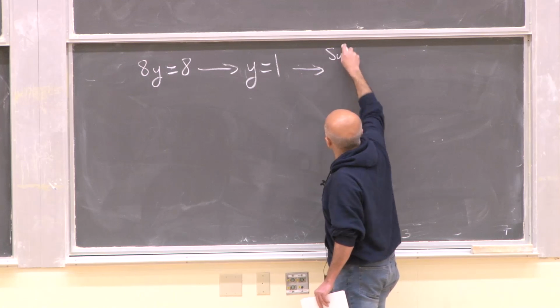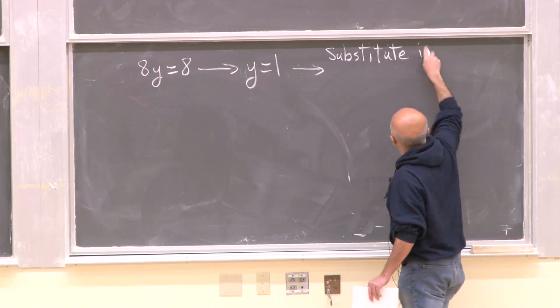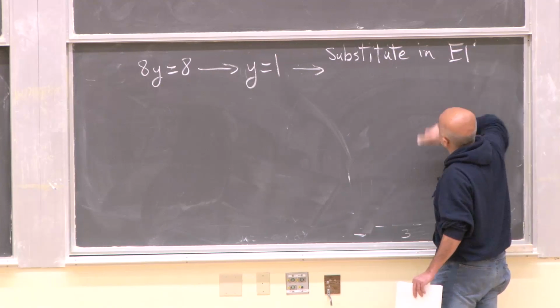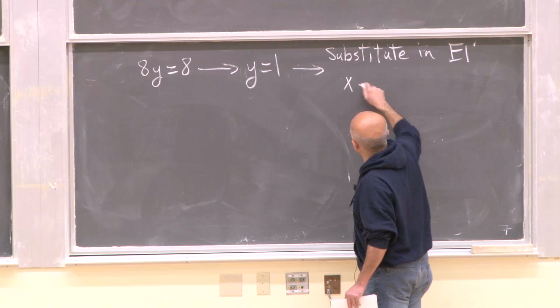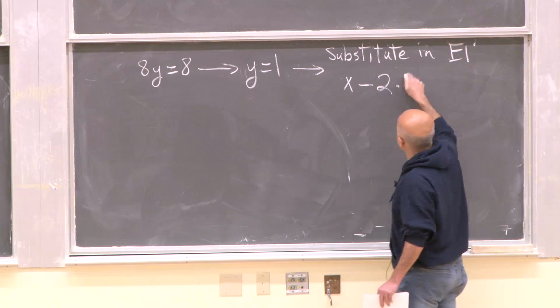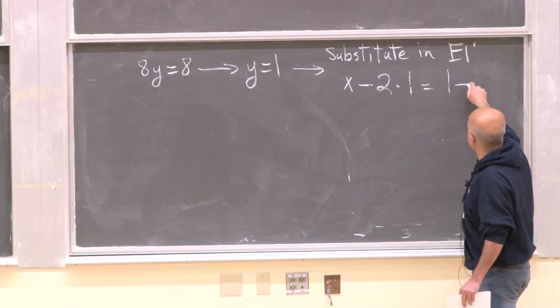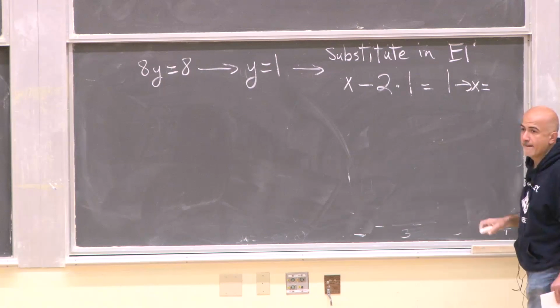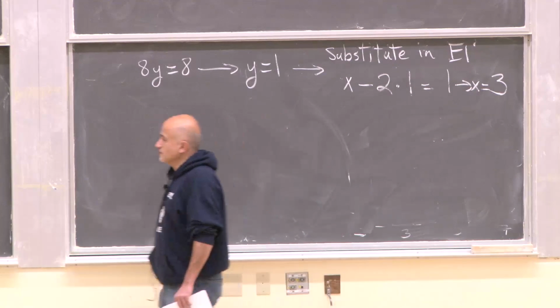So substitute in E1 prime, and so you have x minus 2 times 1, y is 1, equals 1, and that gives x equals 3. Okay?